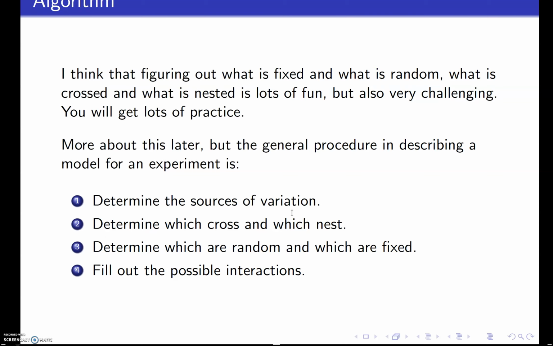Then think through, for this context, which of these factors are random and which ones are fixed, and decide at that point. Then define which possible interactions you have. Okay, obviously, only certain types of factors are allowed to have interactions. So make sure you do that clearly and conceptually sound.